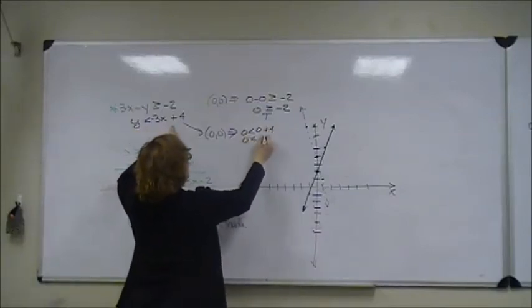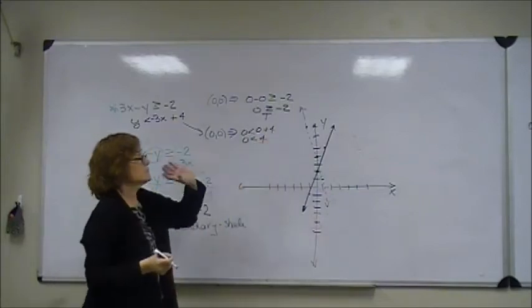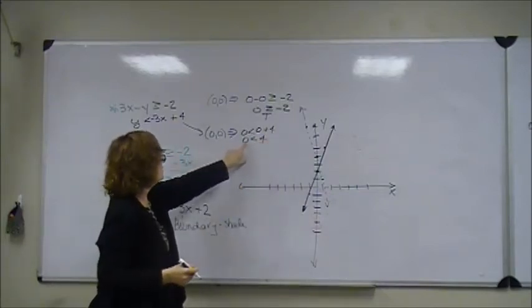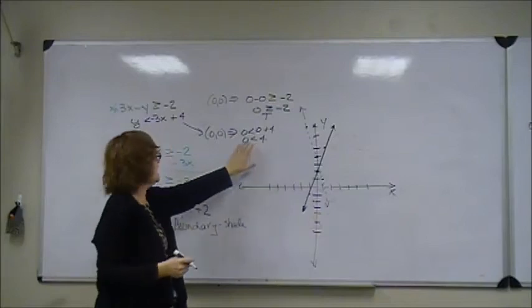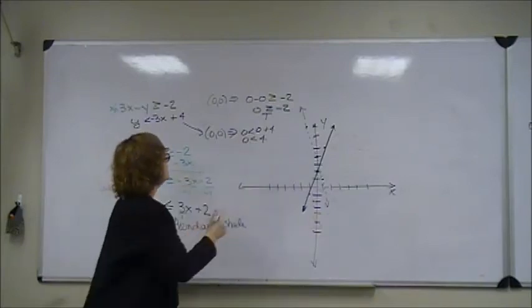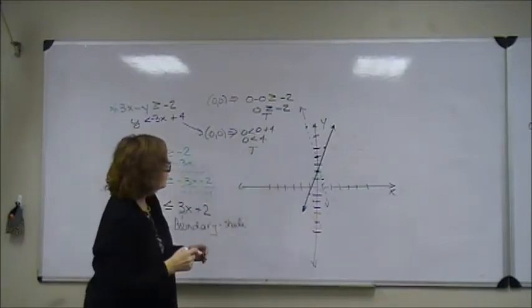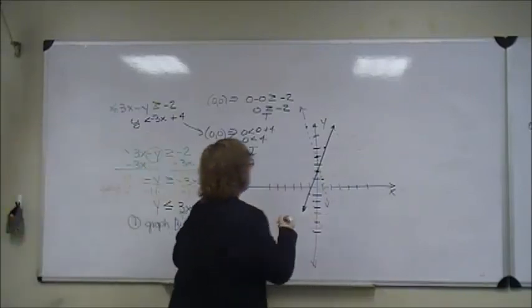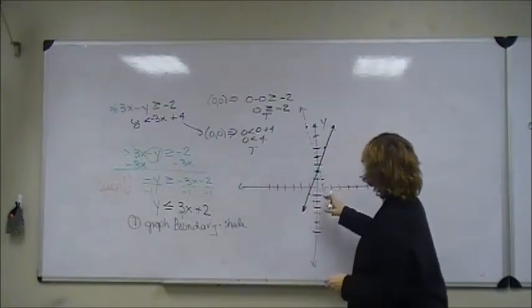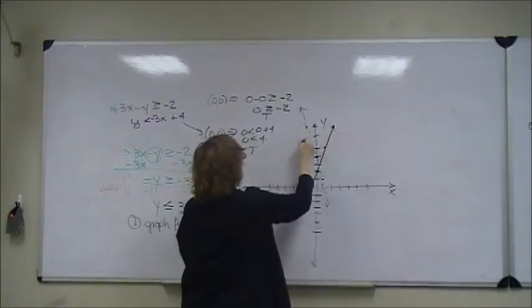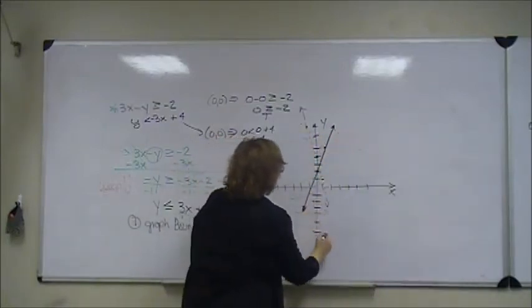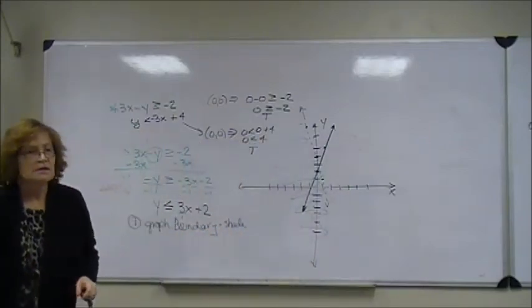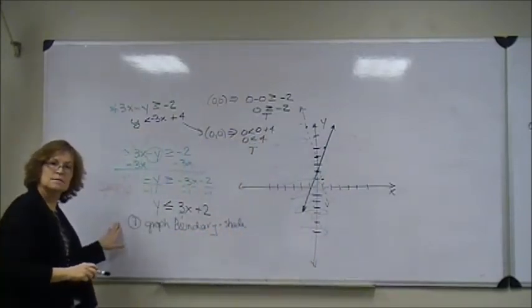So is 0 less than 4? Oh, it is true. So I get to color that point and that side. So now I have this guy right here. Oh, here he is. So step 1 is complete.